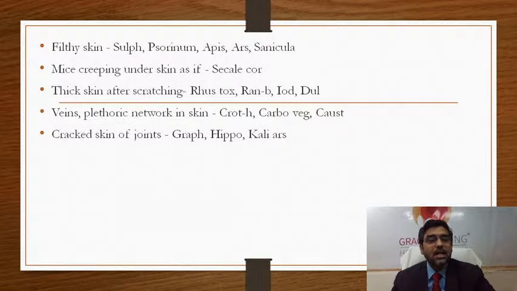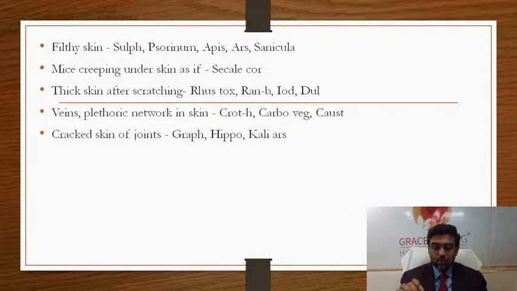Next, you see cracked skin of the joints. If you have cracked skin of the joints, I know everybody knows about Graphites, that I've put. But the second remedy that you have to think about is Hyoscyamus, a very, very important remedy. Has anybody used this remedy?